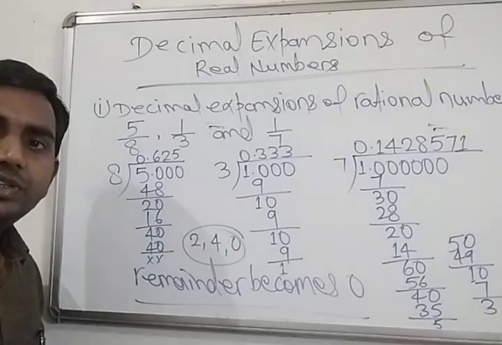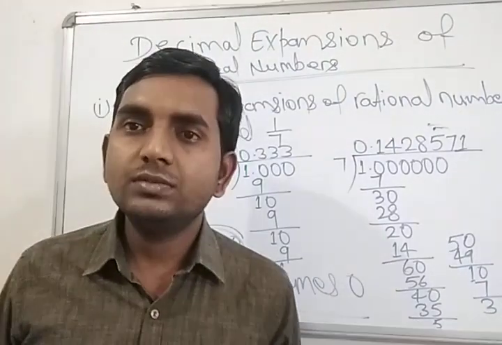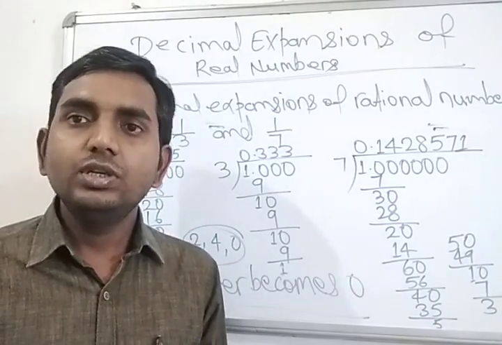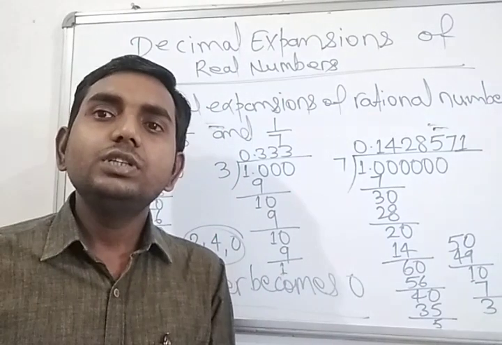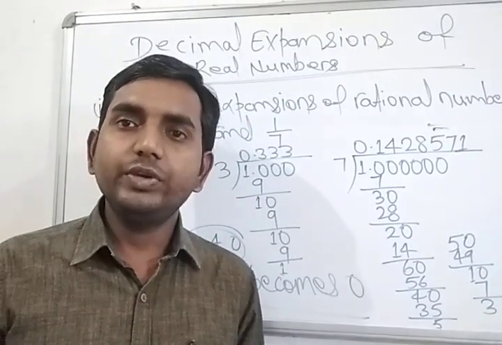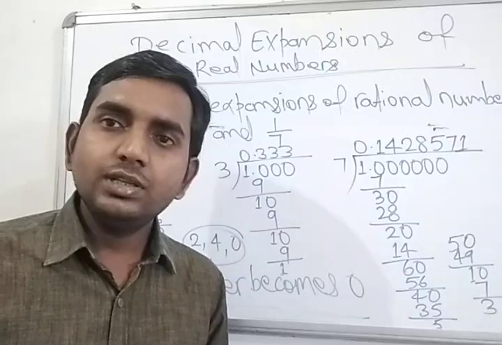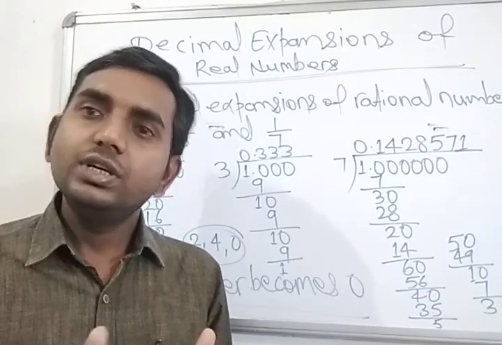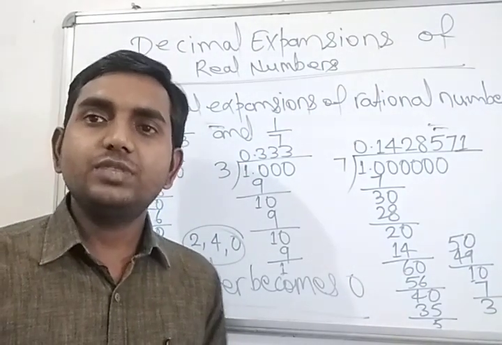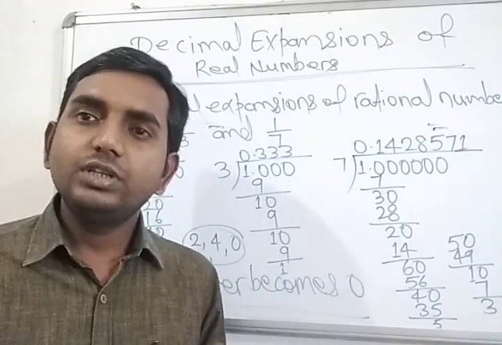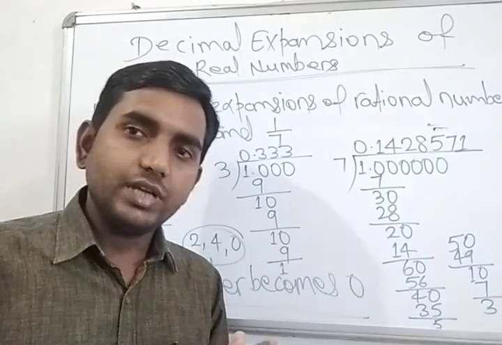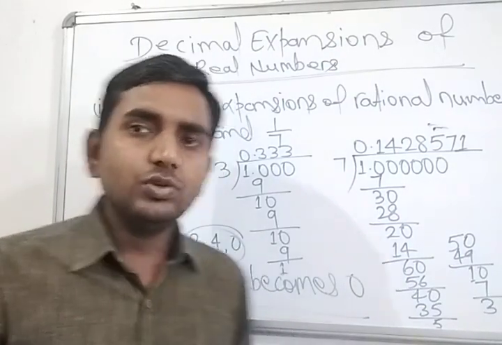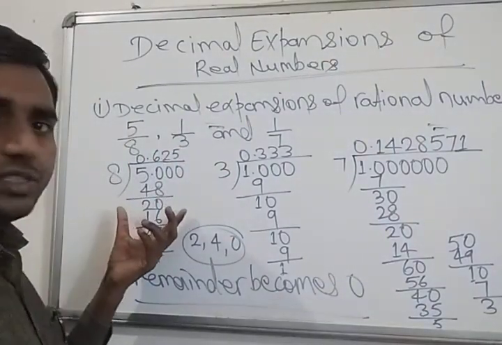So in any case of decimal expansion of a rational number, if we find the remainder as 0, then it is called a terminating decimal expansion of a rational number. These types of decimal expansion are called terminating.